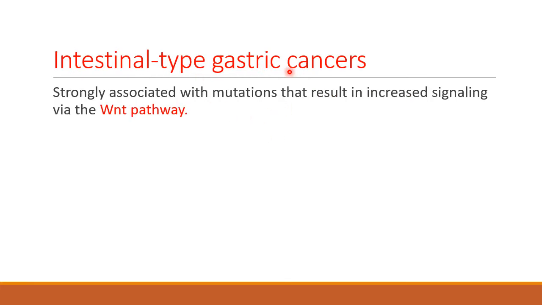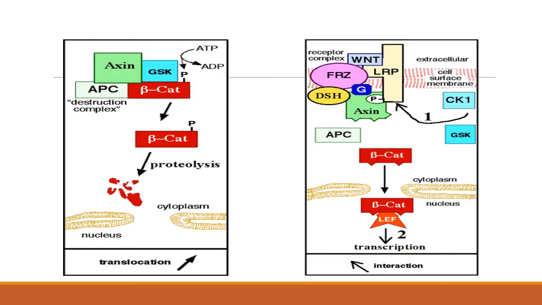Second is intestinal gastric cancers, which are associated with mutations that result in increased signaling via the WNT pathway. Okay, so let's see what the WNT pathway is. Normally the APC gene, the adenomatous polyposis coli tumor suppressor gene, destroys beta catenin, so beta catenin is not available to transfer from cytoplasm to nucleus.